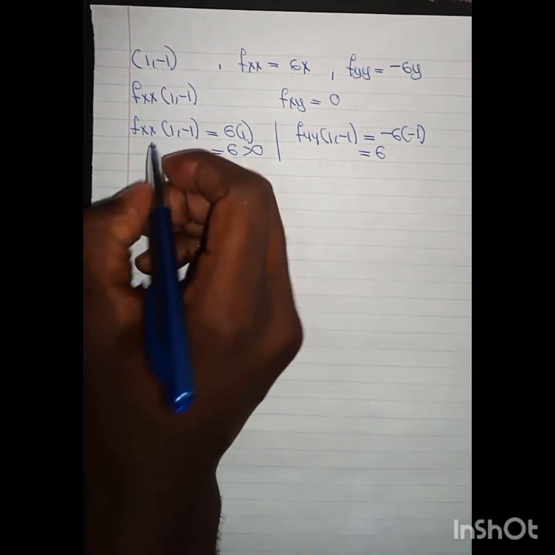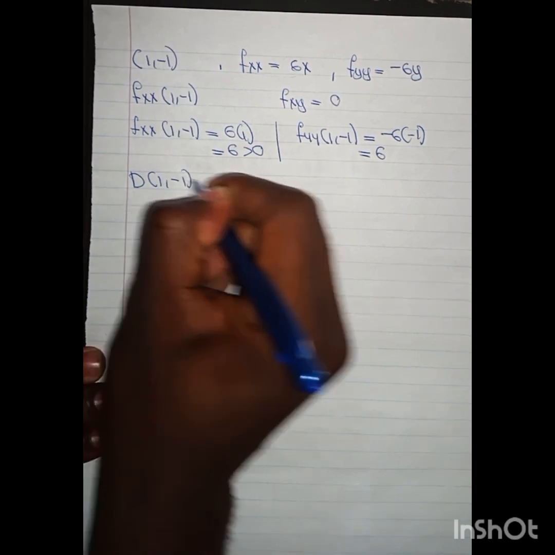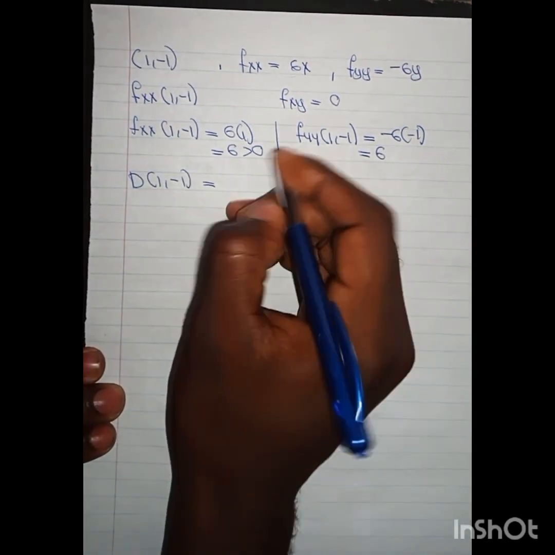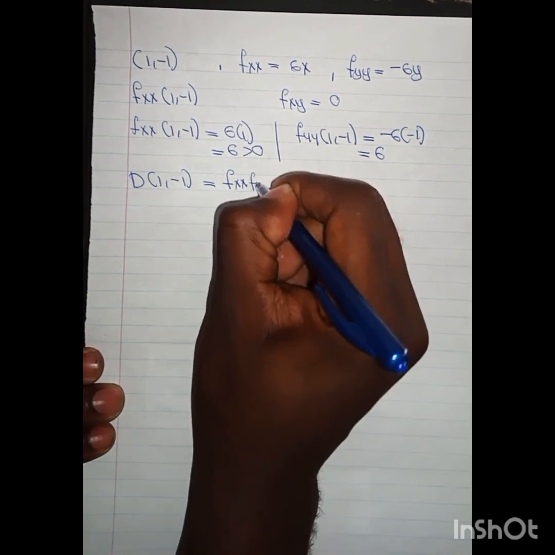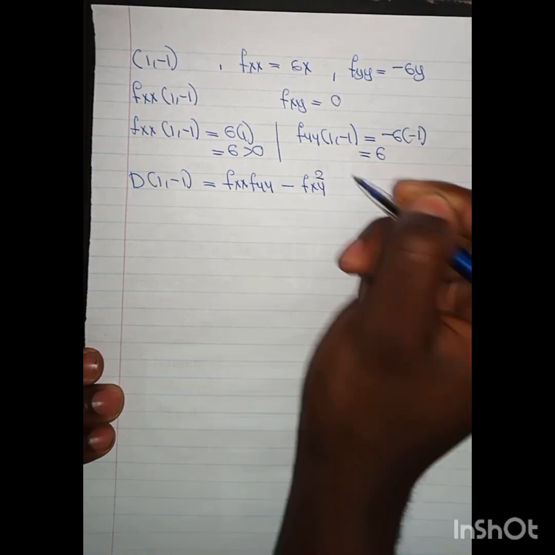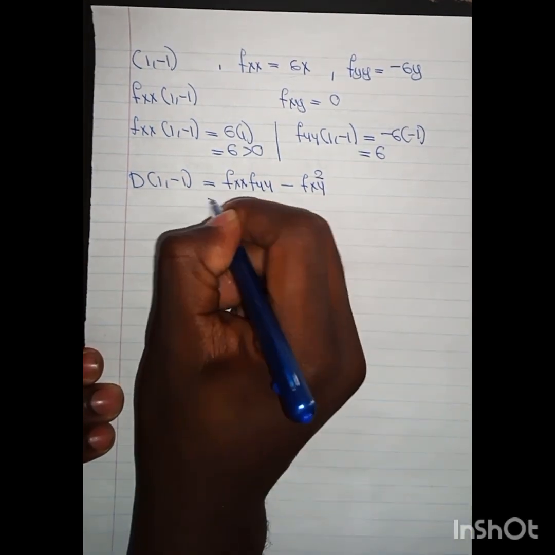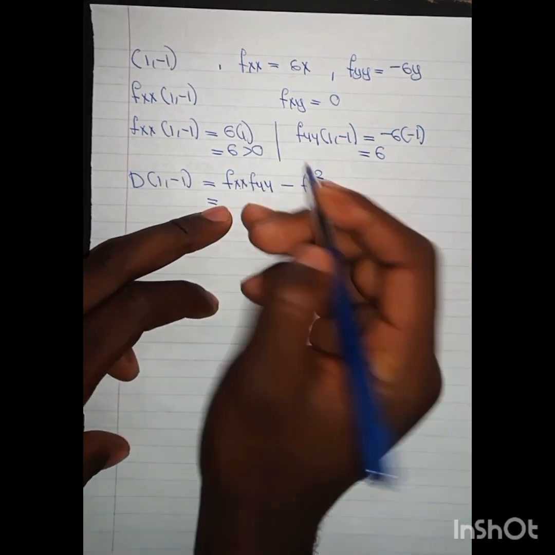And then it means now we can find d at a point 1 and minus 1. So we've said that the equation is f of xx times f of yy minus f of xy squared. When we check, f of xx is given by positive 6.